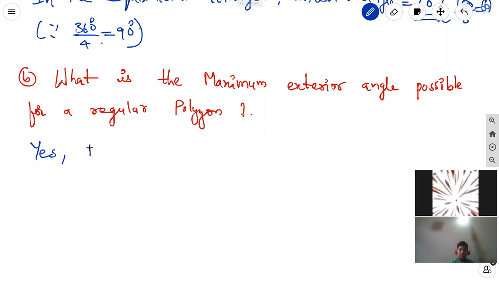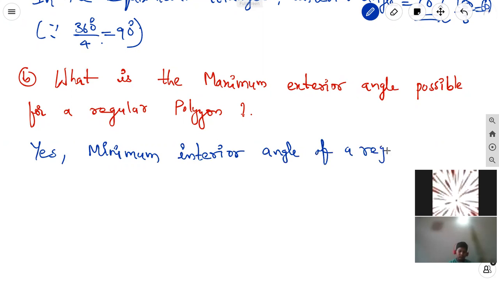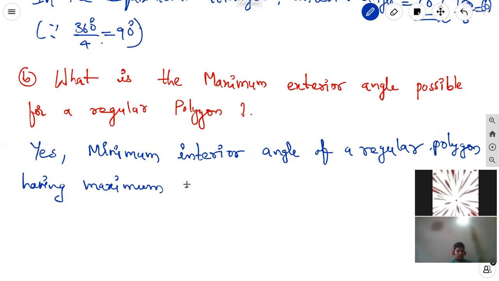Why? Because the minimum interior angle of a regular polygon has the maximum exterior angle. Why?